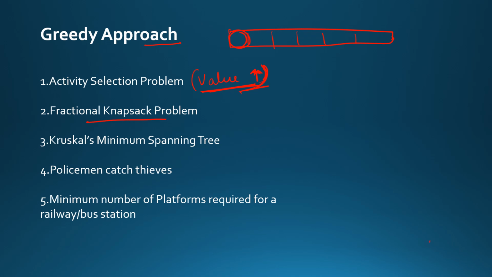Another is the fractional knapsack problem. Here we are given the weight and price of all the elements, and we compute price by weight to get the price per weight we get.